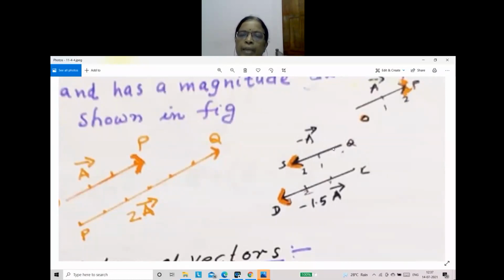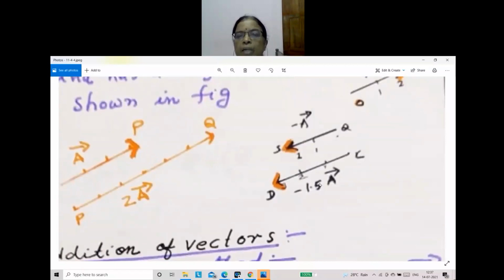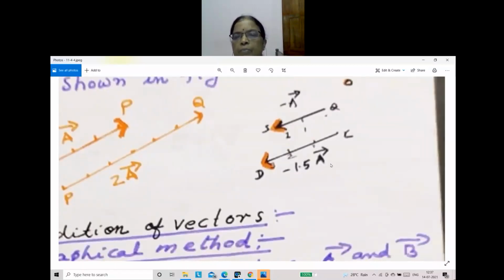And you are asked to draw a vector minus 1.5A. This is 2 centimeter. So minus 1.5 times this. 1.5 times 2 centimeter, what is its length now? 1.5 into 2 will be 3 centimeter.